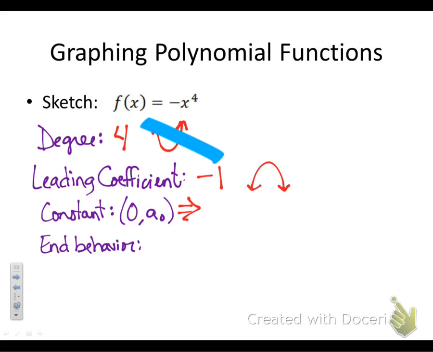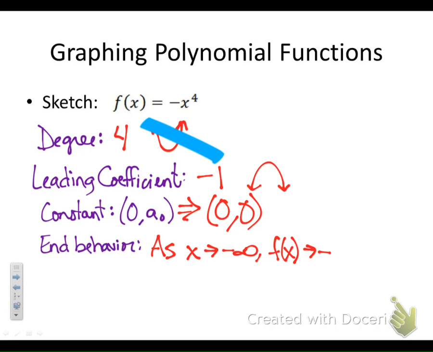So, y-intercept is 0, 0. End behavior, can we describe this? The left arrow is supposed to be down. So as x approaches negative infinity, as we move left, f of x should be going down, negative infinity.